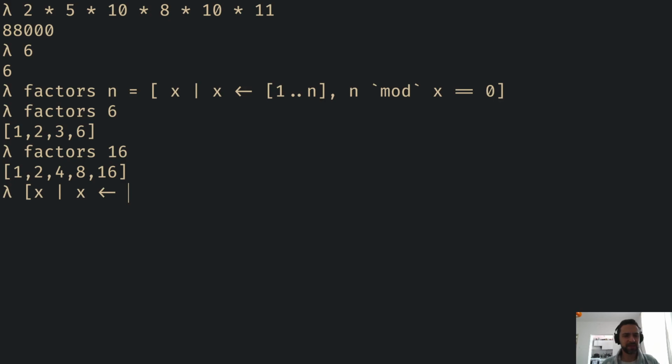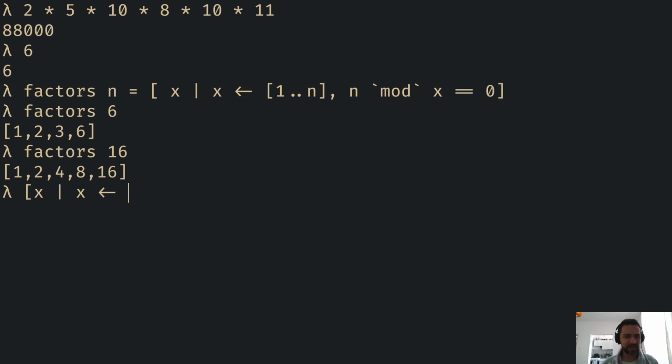Factors n. Factor 6, 1 to n. Oh, it's a list. It's an infinite list up to the factor number. So how would we do it? It won't work if we just input 1 to n.